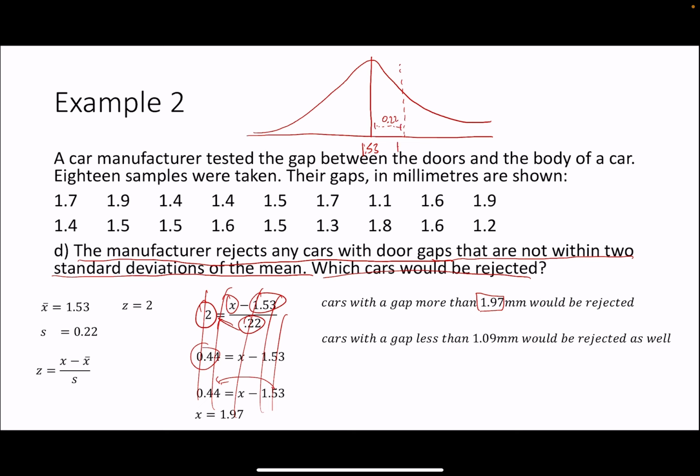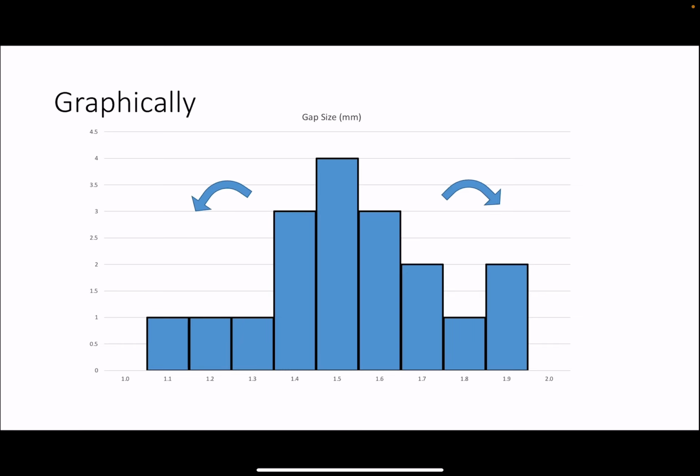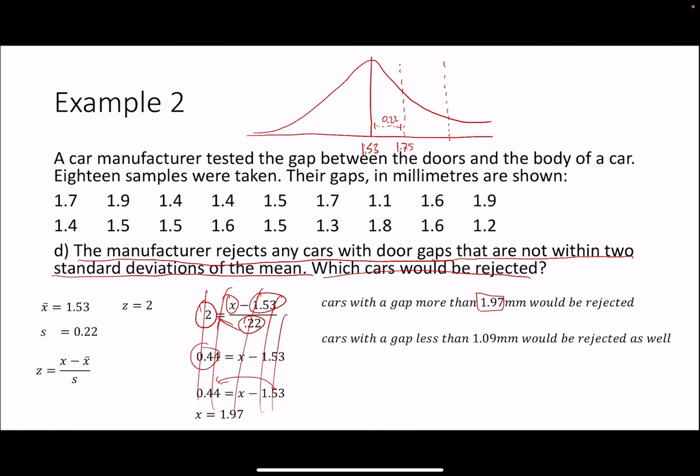So that makes this 1.75. That's one standard deviation. 2 standard deviations from the mean means add another plus 0.22, we get 1.97. That's where we got that.